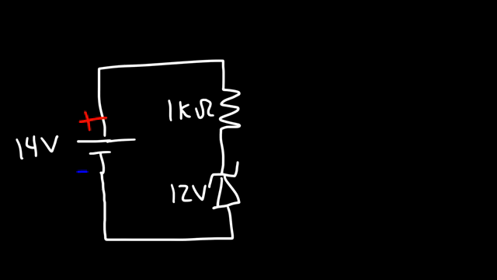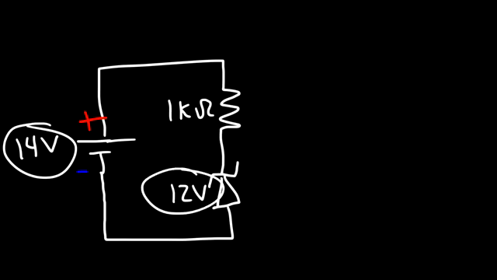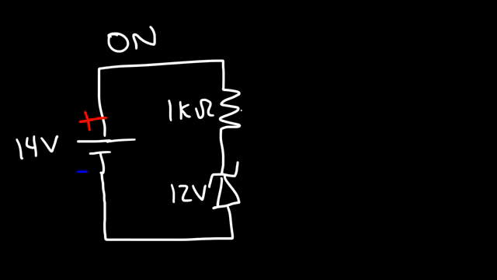Now, is the circuit on or is it off? Because the input voltage exceeds the reverse breakdown voltage of the Zener diode, the circuit is going to be on. And so there's going to be a current flowing through this resistor. So how can we calculate the current in this circuit? How can we find the answer?